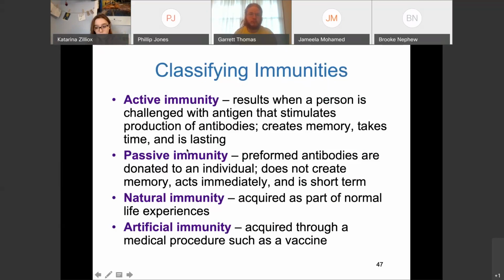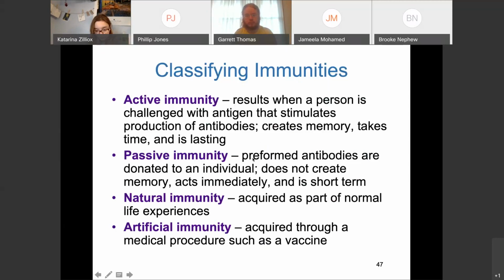All right, so passive immunity: antibodies are donated to an individual, it does not create memory, and it acts immediately in the short term. So let's just say that you had a snake bite or some kind of spider bite, and you didn't have time to make antibodies, because we said last week it takes 5 to 12 days to make antibodies. We can give you passive immunity.